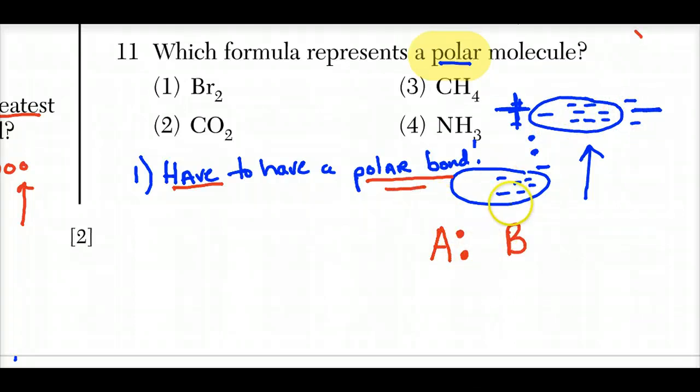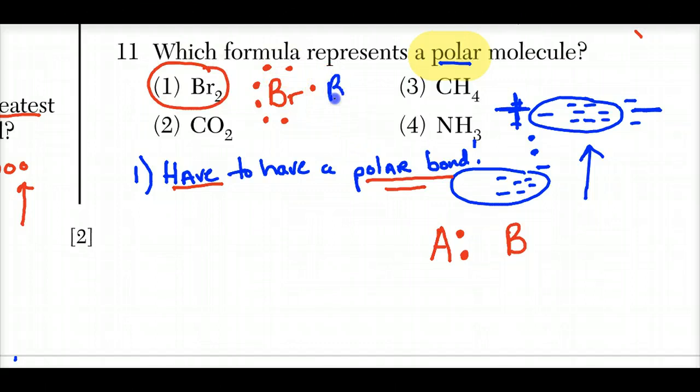If your molecule, made of 2 or more different atoms, does not have any polar bonds, then it could never have a negative or positive side. Case in point, look at this guy right here. Br, this one has 7 valence electrons, and another Br, just change the color so you can see, has another 7 valence electrons.